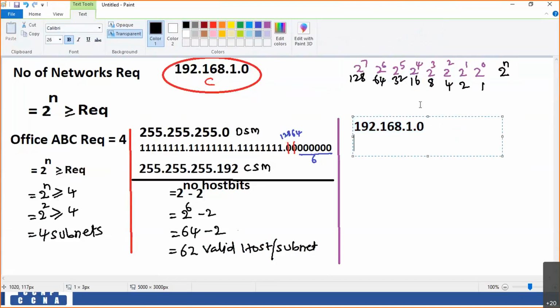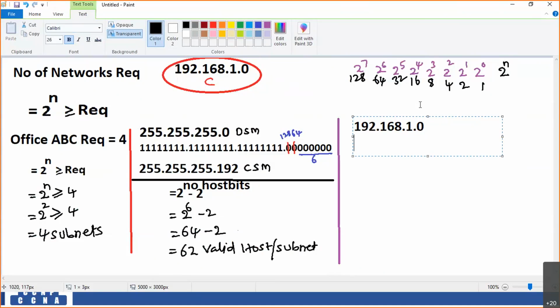Now the next network ID. We have converted 2 host bits into network bits, which are 128 and 64. Which is the least converted bit? The least converted bit is 64, right? So 64 is the magic figure here.